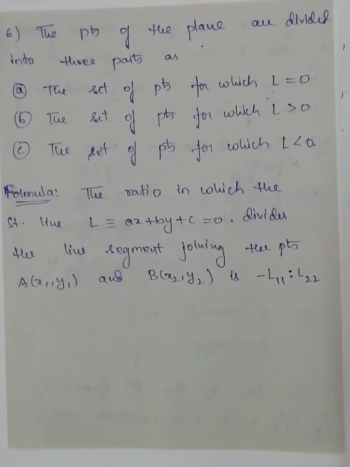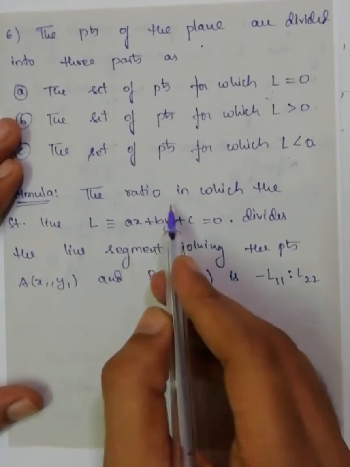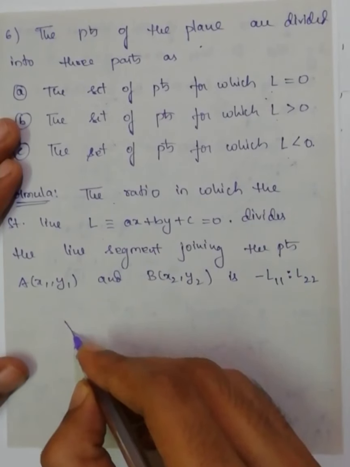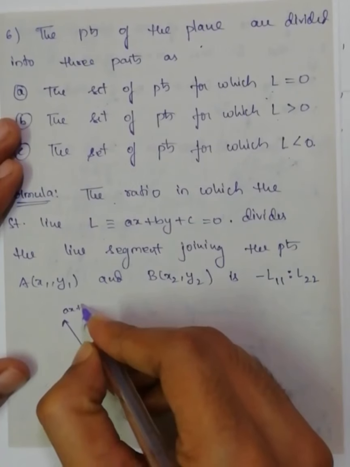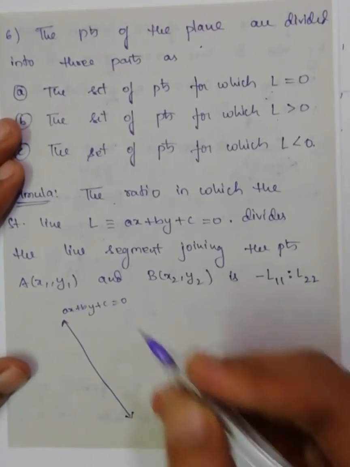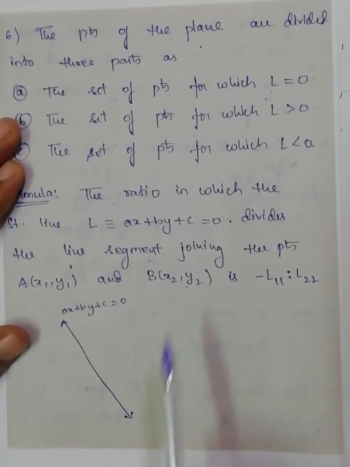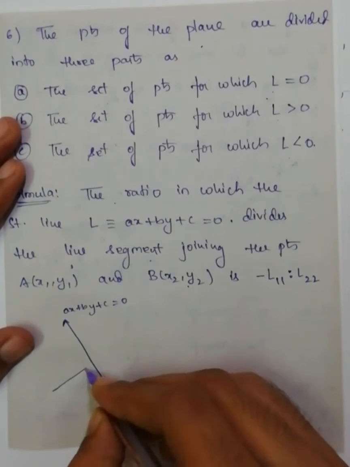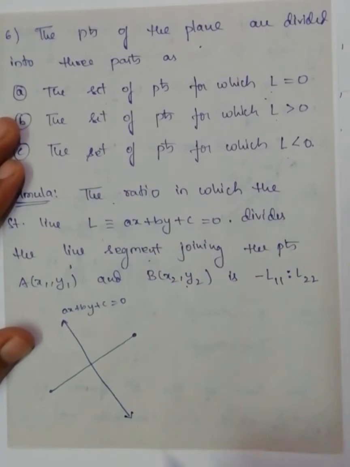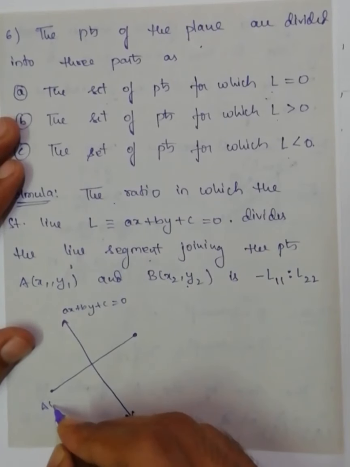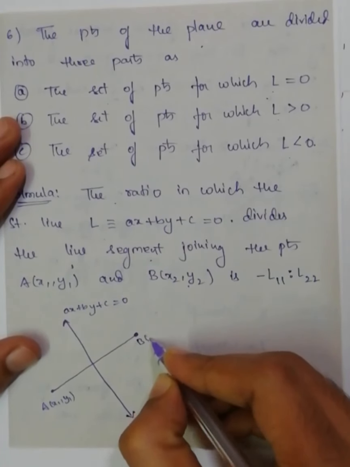What does it mean? Let us take a line, ax plus by plus c is equal to 0. Let us take a line segment joining A and B. A line segment is a part of a line. This is the point A, x1, y1, and this is the point B, x2, y2.